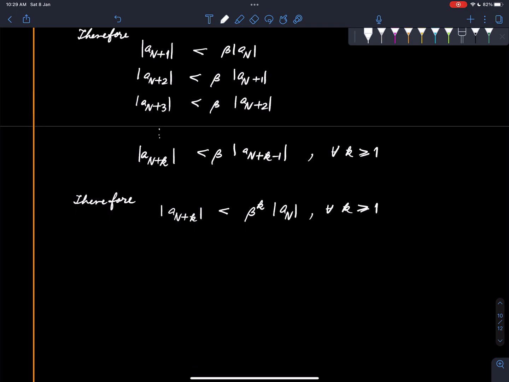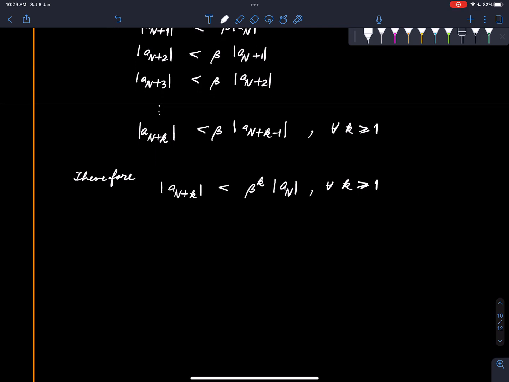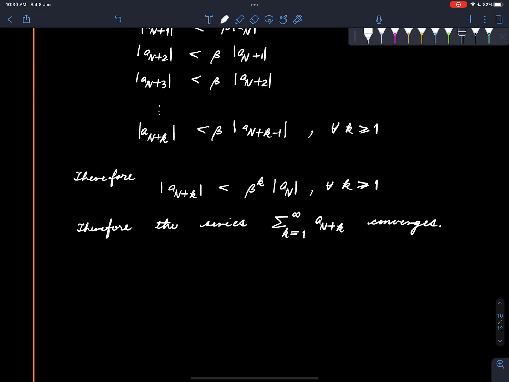Therefore, the series, let me use another index, it's better the way we have done things, the sum over k equals 1 to infinity of a_{N+k} converges. So why is that?